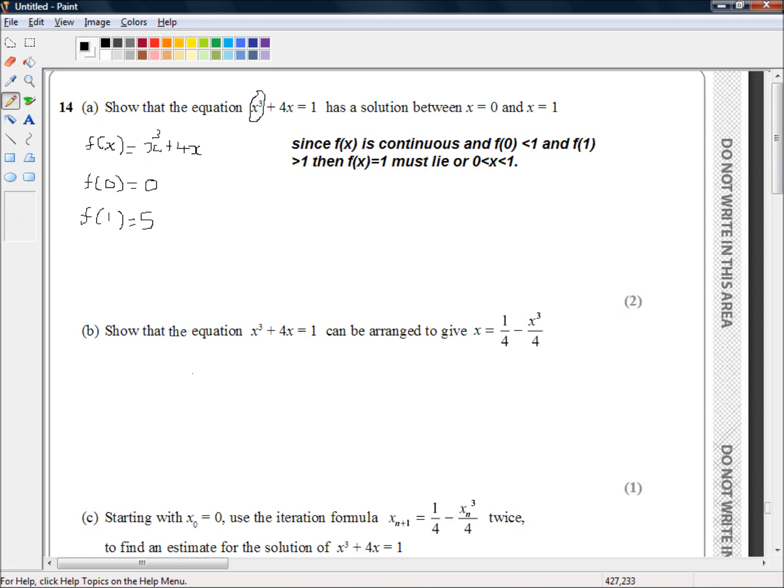Okay, part B says show that the equation x cubed plus 4x equals 1 can be arranged to give x equals 1 over 4 minus x cubed over 4. Well, that's fairly straightforward.